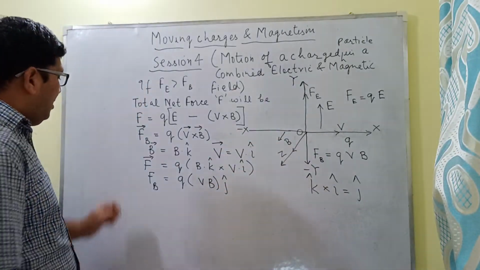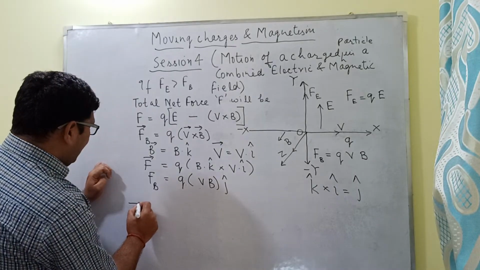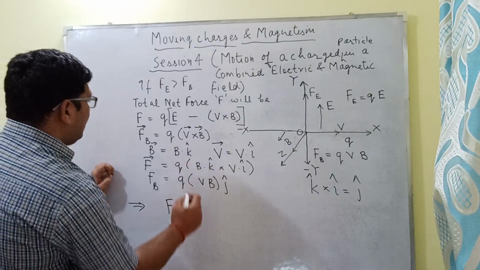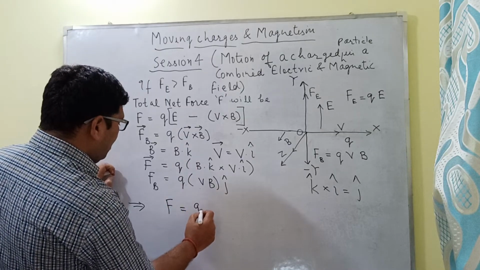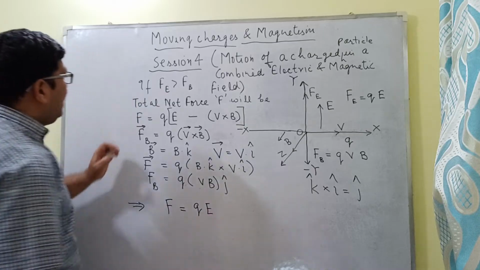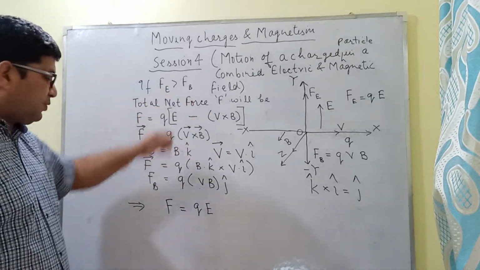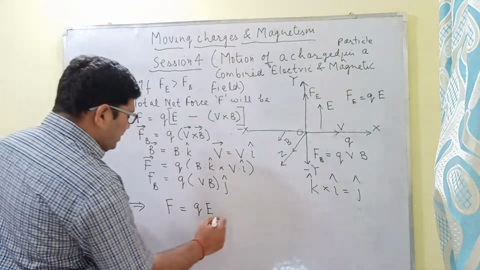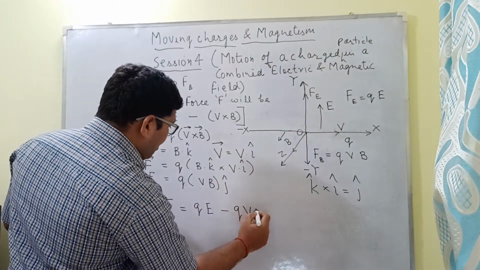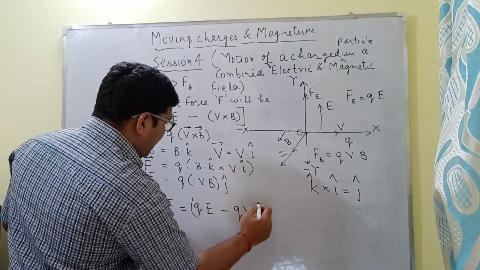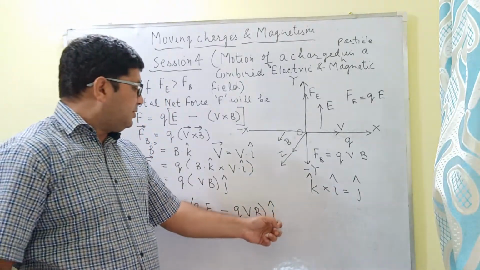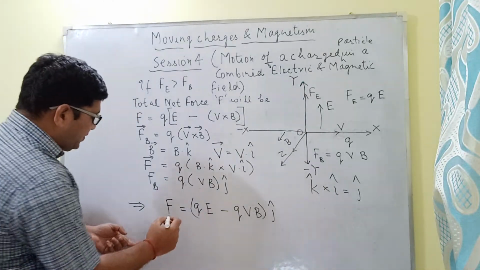ठीक है? So it implies that the Lorentz force will be equal to QE. Here I have taken that Fe is greater than Fb. So if Fe is greater than Fb, then the Lorentz force will be equal to QE minus QVB times j cap. J cap means the direction of this force.